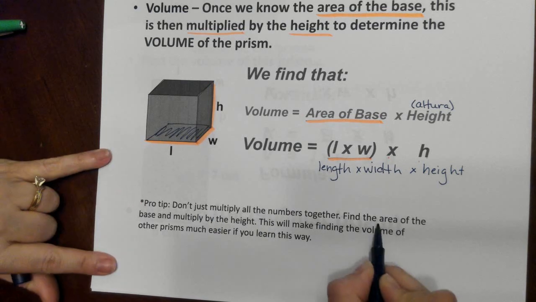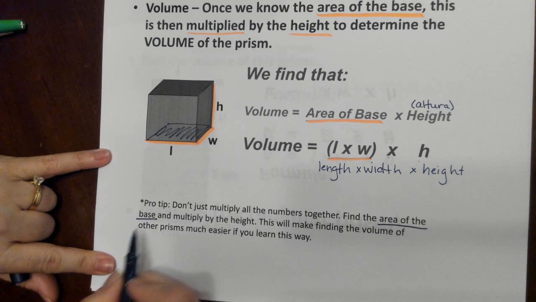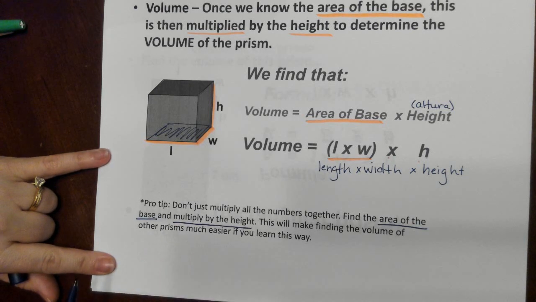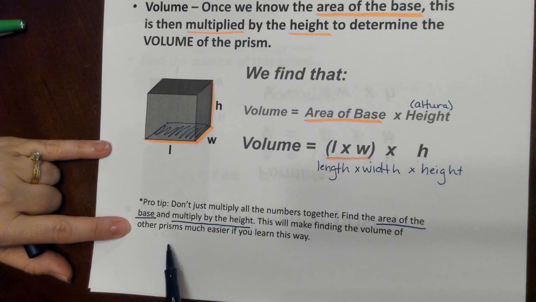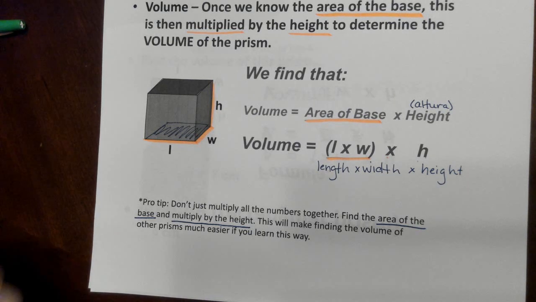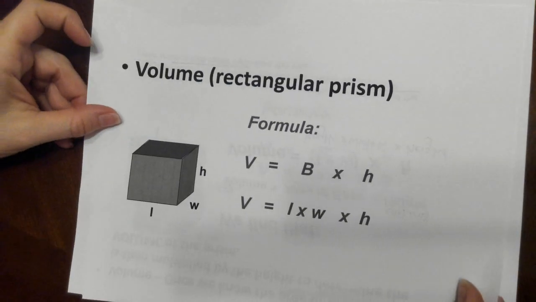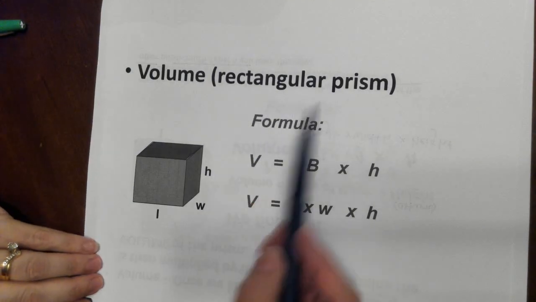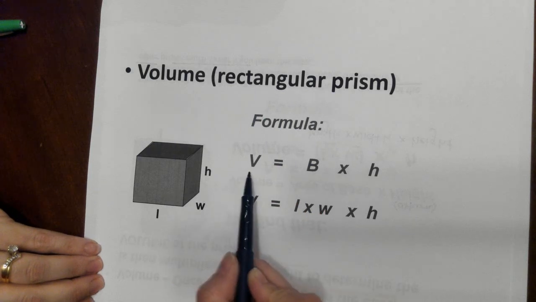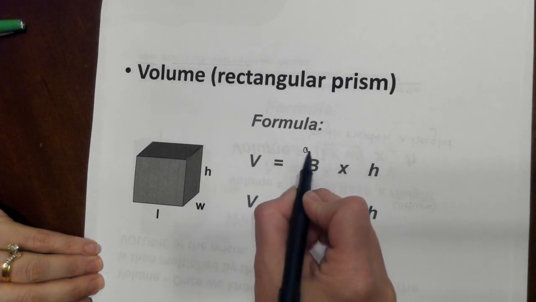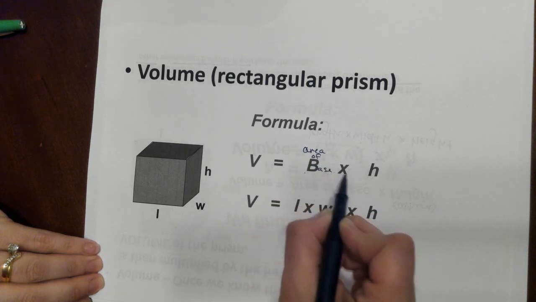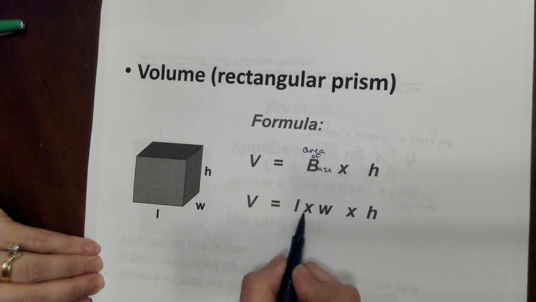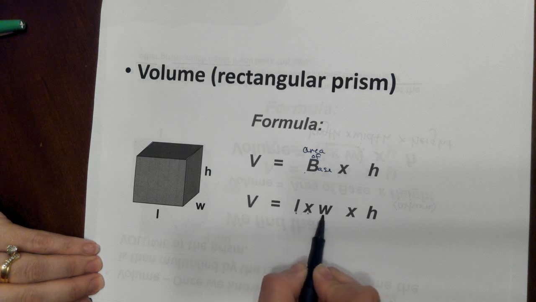First, you want to find the area of the base and then multiply it by the height, because this will make finding the volume of other prisms much easier to learn. Okay, so here again, for a rectangular prism, for the volume, area of the base times the height, or length times width times height.